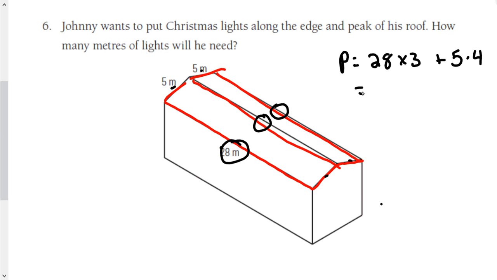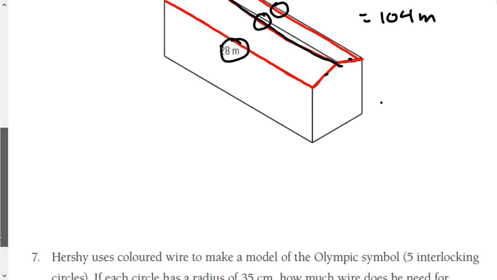So 28 times 3 is 84 plus 20 is 104 meters of lights. You could definitely do 2 rectangular formulas and add them together, but you would have to make sure that you didn't calculate this overlap twice. So that's kind of why I broke it down like that.